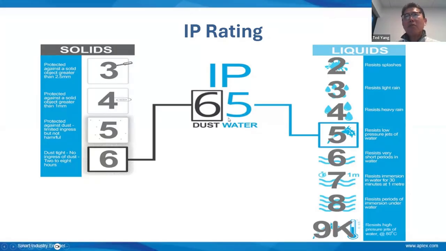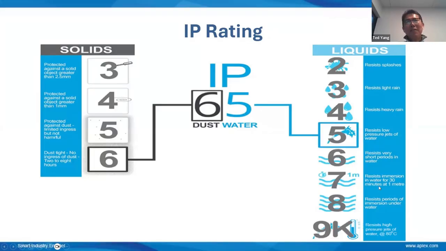And then the second digit is for the water, the liquid. Mostly we start with 5. What is a 5? That means IP65. That means your system is able to withstand a low pressure jet of water spraying onto it. If it is a 66, your system is able to be submerged into the water for a short period of time.